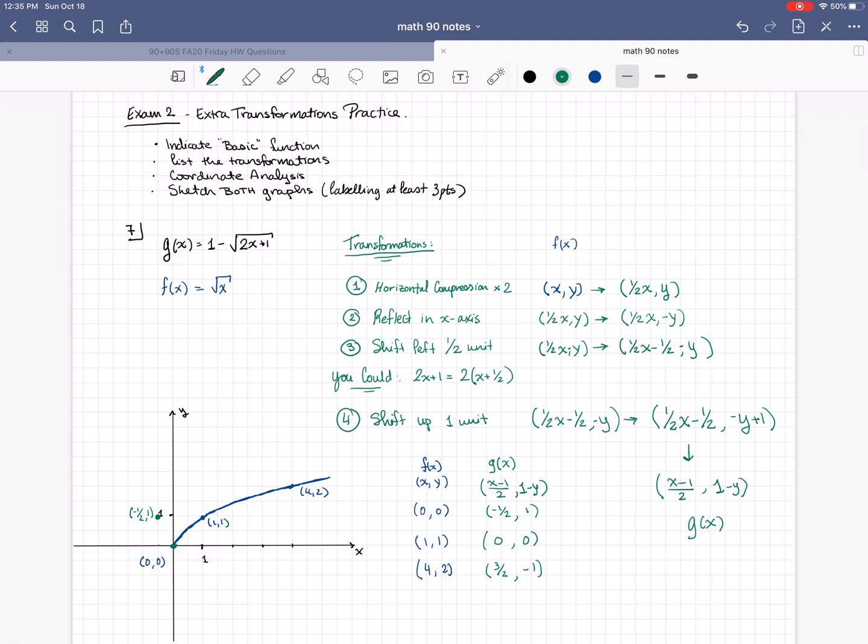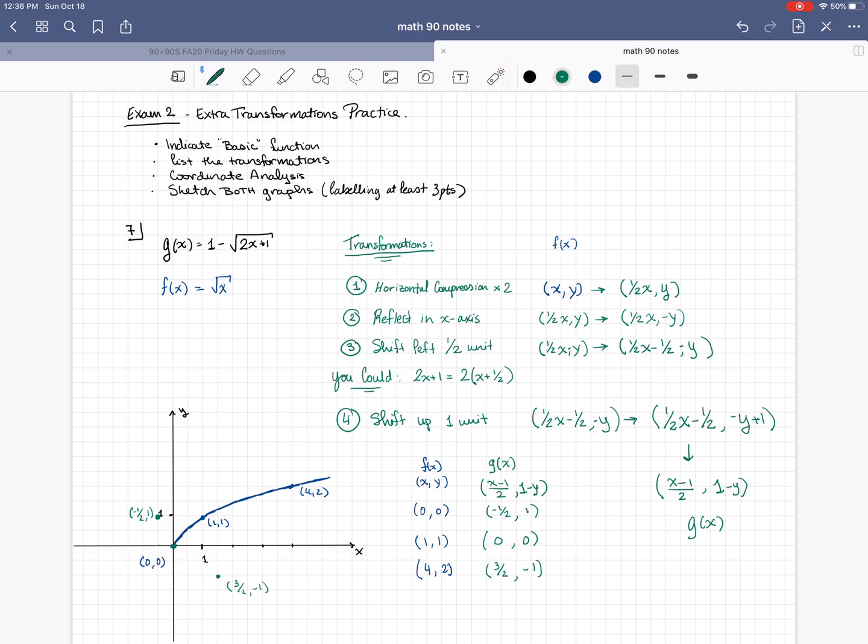And then 4, 2 morphs into 3/2, comma, -1. So 3/2, comma, -1 is down here. So see, it's the same shape, but you can almost imagine that someone took like a bar and squeezed it in so that everything is kind of shorter and squatter.